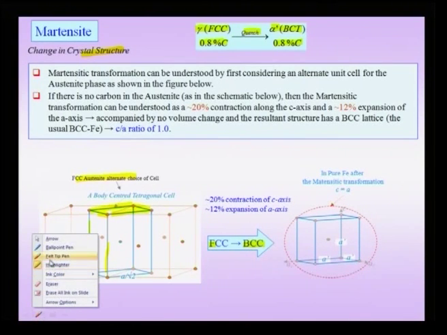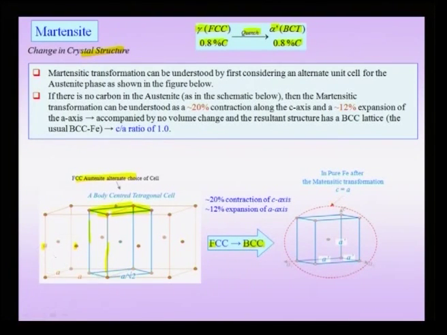This phase transformation involves contraction of the C axis, that means the C axis contracts, while the axis which is drawn here, the new A axis for the body centered tetragonal cell, expands about 12%.